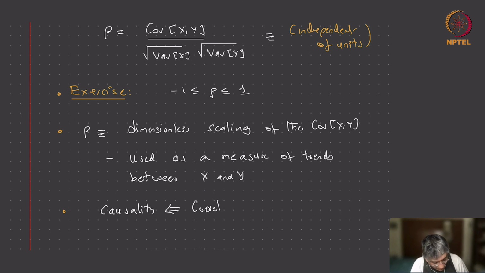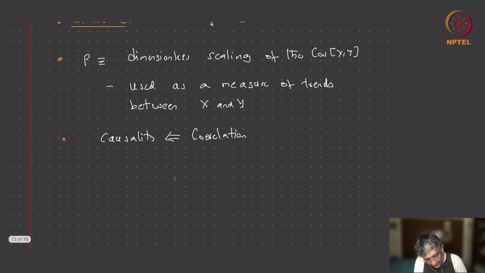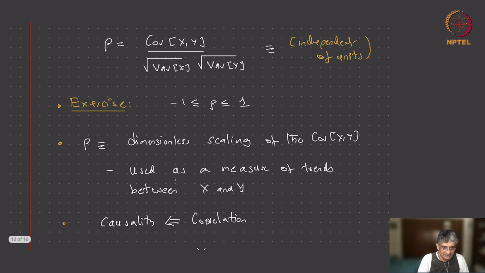If correlation is high, it doesn't really mean there's a causal relationship between x and y. One last point: if rho is equal to 1, that corresponds to the case when y is equal to x. When rho is equal to -1, that corresponds to the case when y is equal to -x. From the formula you can check that, it's not hard.